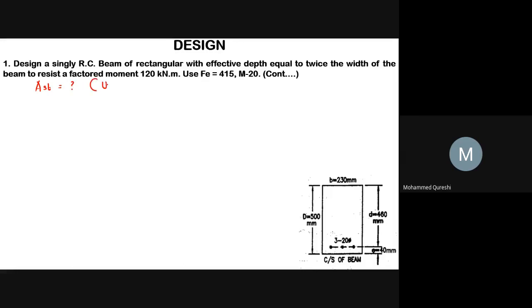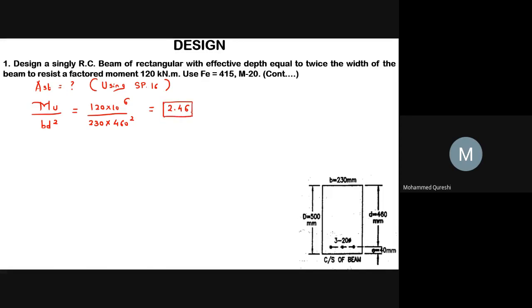So, using SP16, that is Mu by BD square equals value of Mu is given as 120 into 10 raised to 6 upon value of B we obtained in the first step as 230 into value of D as 460 square. So you will get Mu by BD square equals 2.46.